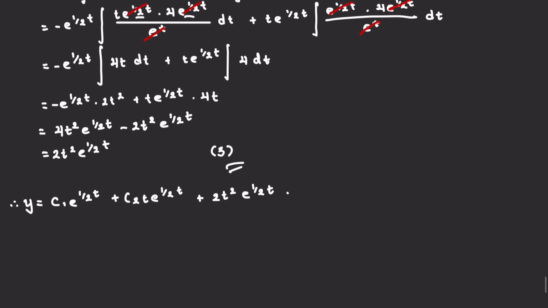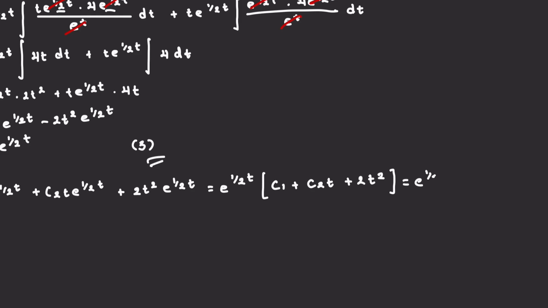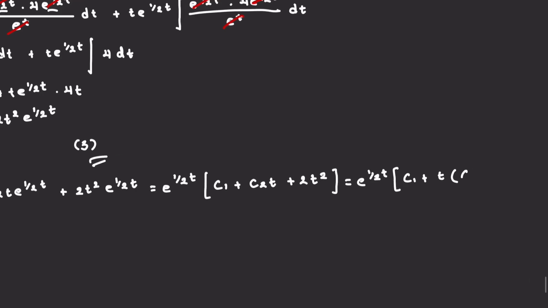And if you want to simplify this further, you can, but if you don't want to simplify this further, you also can do that. But I like to simplify things, so let's pull out our e to the 1 over 2t here, and this leaves us with c1 plus c2 t plus 2t squared, and we can simplify this further by pulling out our t here, and this becomes c2 plus 2t.